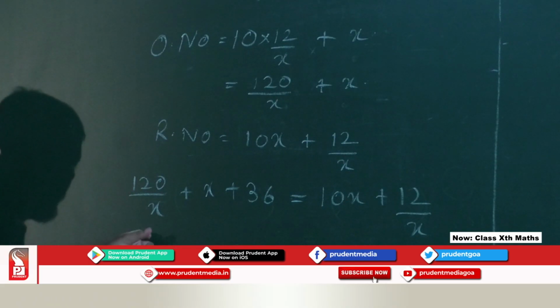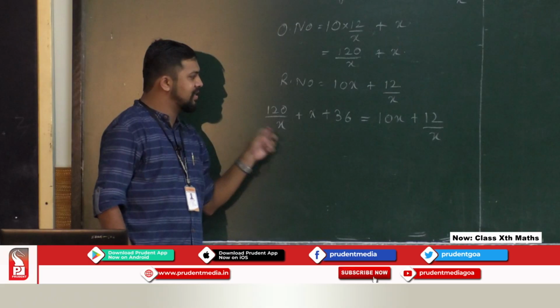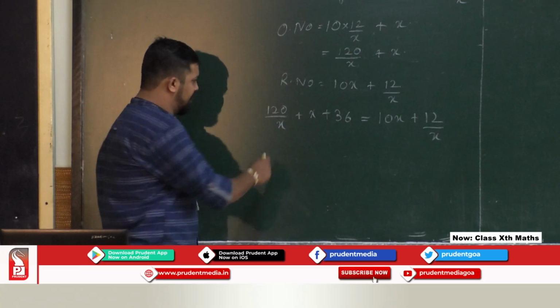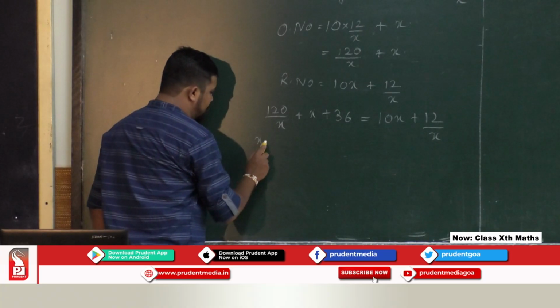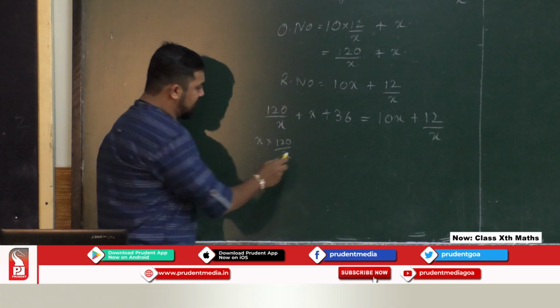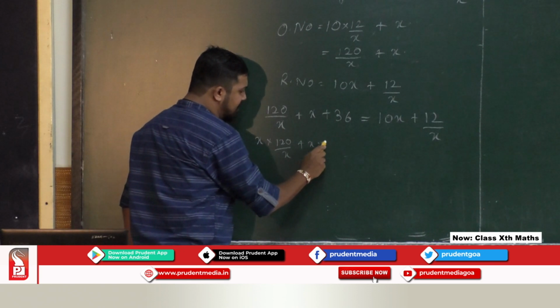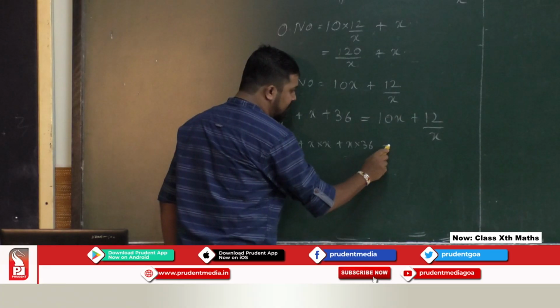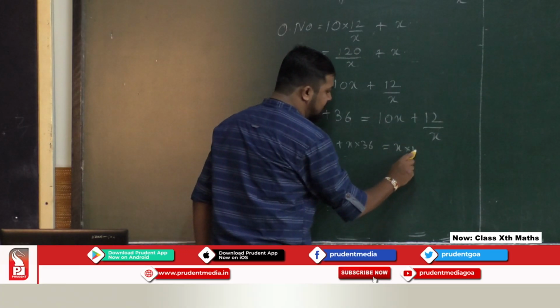Okay, so let us make the equation. If you see, the denominator is x, so multiply throughout by x. Let me show you how to multiply; afterward we can write directly. x multiplied by 36, then x multiplied by 10x.